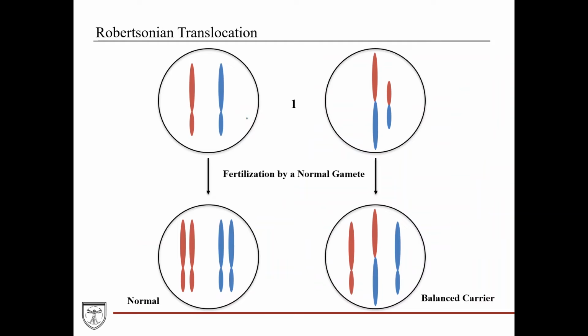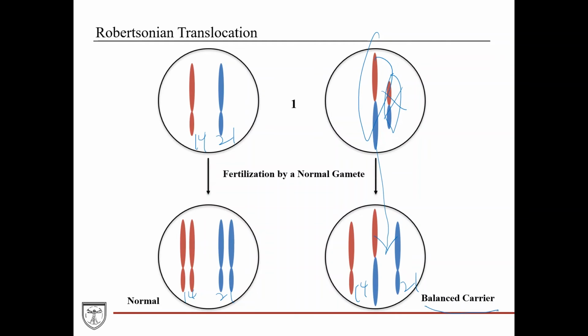So the first combination here, you have a 14 and you have a 21, so this is normal because you have 2 copies of 14, 2 copies of 21. This is a totally normal individual. Now for this cell, you have this fused long arm, fused short arms. This is going to get lost in the process of meiosis, so it will get fertilized by a normal gamete that's carrying a normal copy of a 14 and a normal copy of a 21, and so this comes down and becomes a part of that, and so this is what you have.